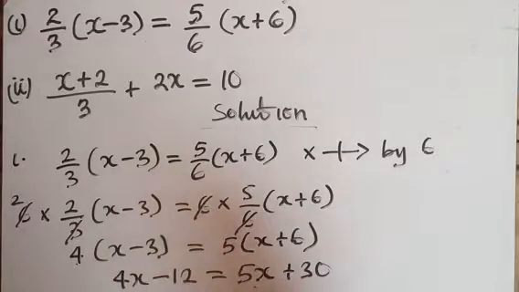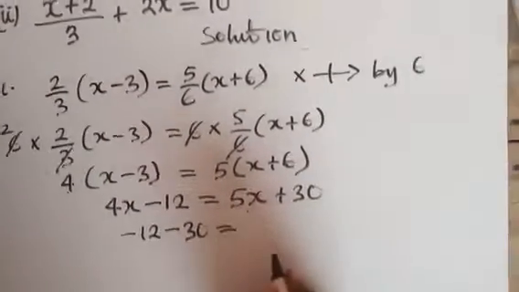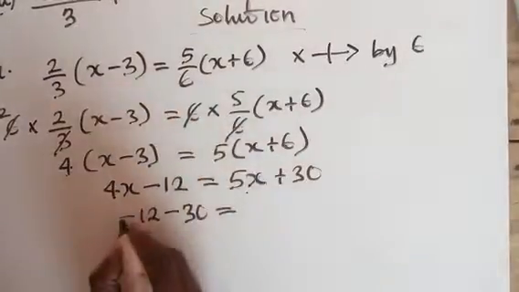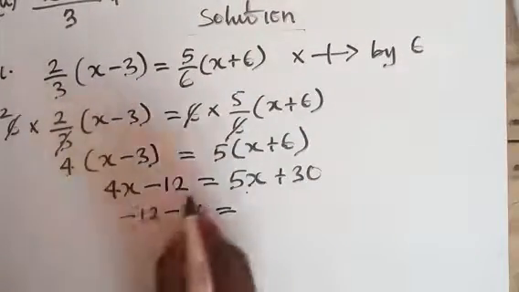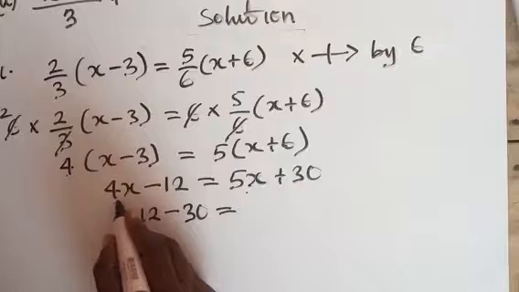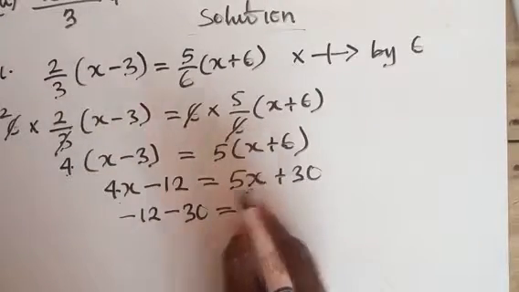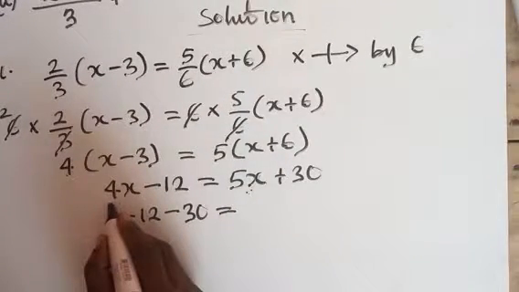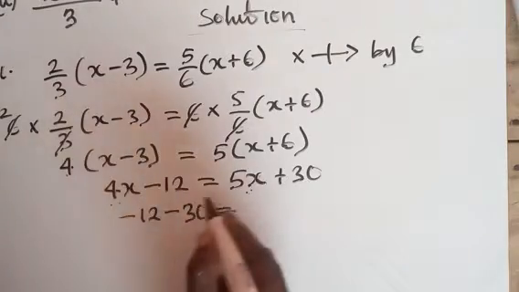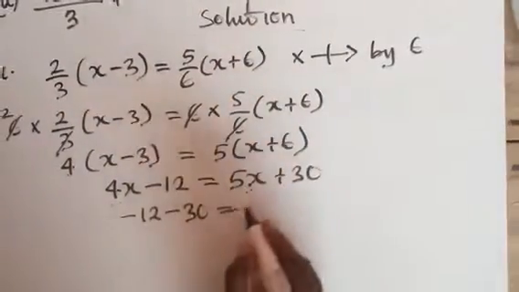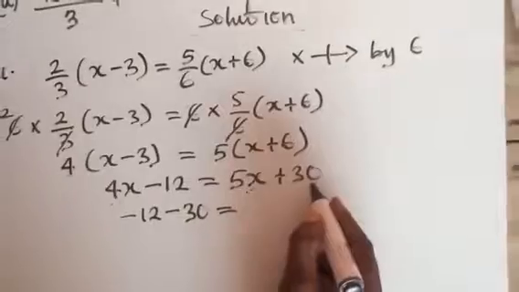Look, I group the like terms from here. This 4x and 5x: 5x is bigger than 4x. So in that case, I'll send 4x here and bring the 30 here.